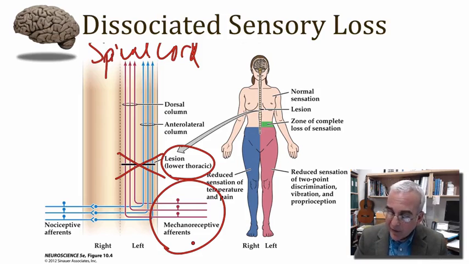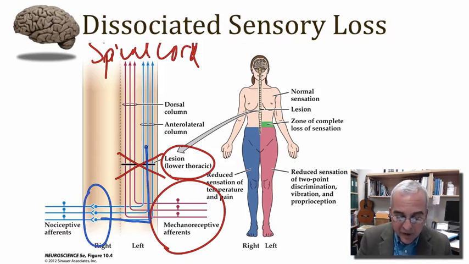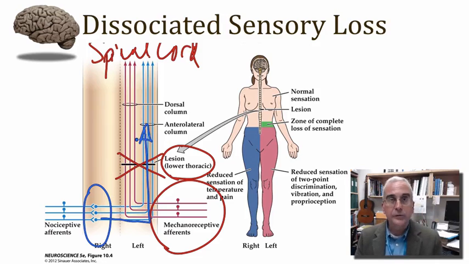Meanwhile, that unilateral lesion would take out the axons of the anterolateral system that are grown by the contralateral dorsal horn neurons. So as a consequence, a unilateral spinal cord lesion produces something that we call dissociated sensory loss. The dissociation is a dissociation of a deficit in fine touch perception and pain and temperature perception.